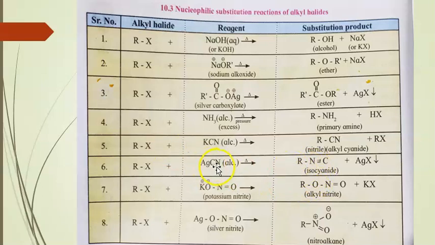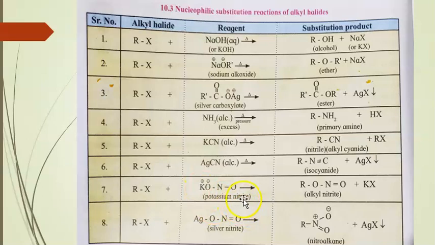Nitrogen is also non-metal, and silver is also covalent, therefore there is formation of the bond R-N triple bond C. Isocyanide formation takes place in the presence of silver cyanide.